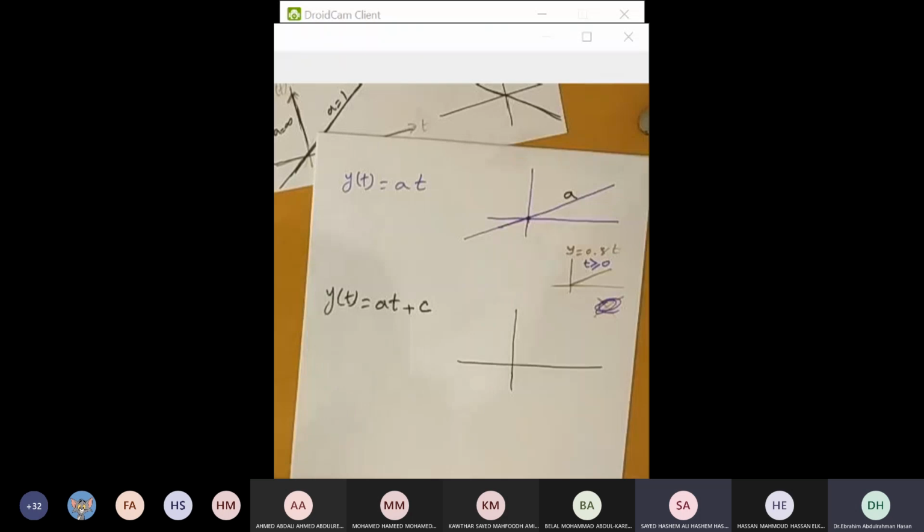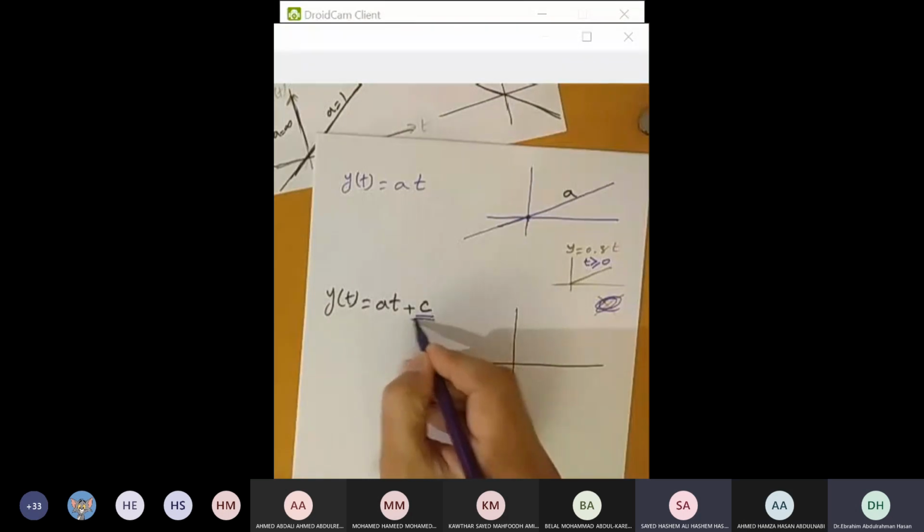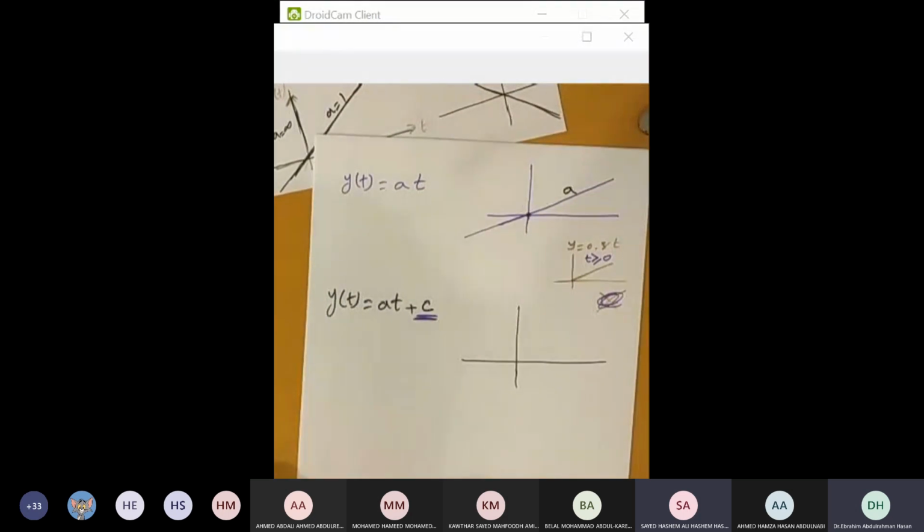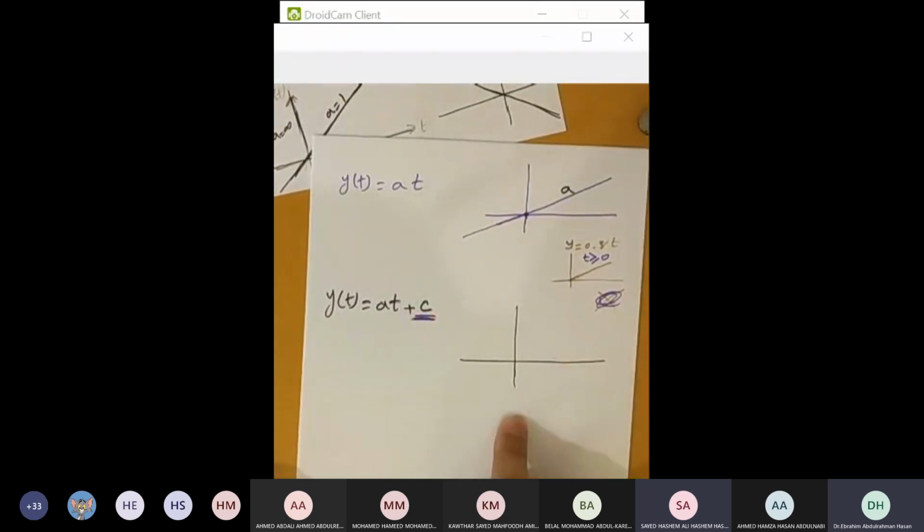It doesn't change the slope, but it goes up or down. Exactly, it depends on the value of c. This c is going to shift y up or down. If it is positive, it's going up. If it is negative, it's going down.